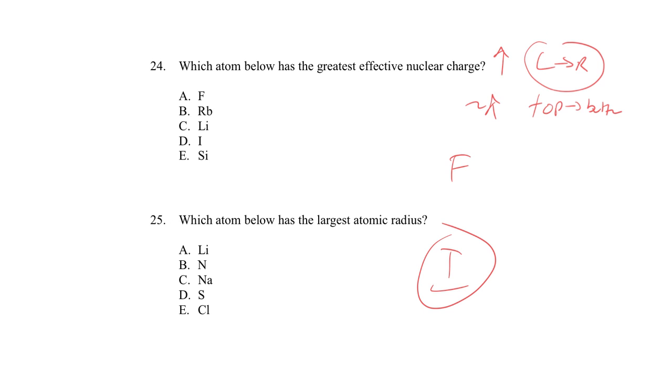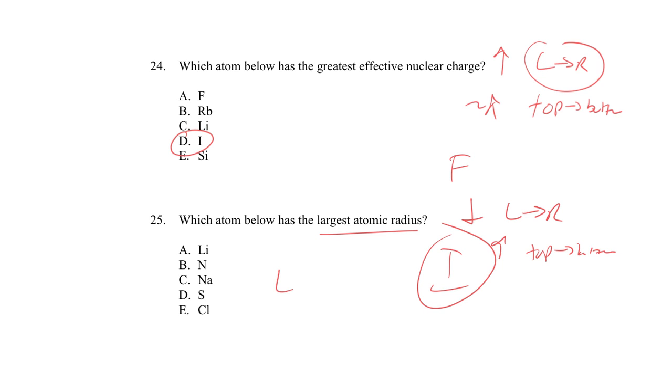So highest from left to right, and then from top to bottom, so it makes I higher for this group here. Now our size, the radius, is decreasing from left to right, and then increasing from top to bottom. So our largest atoms are going to be on the left side of the periodic table at the bottom.